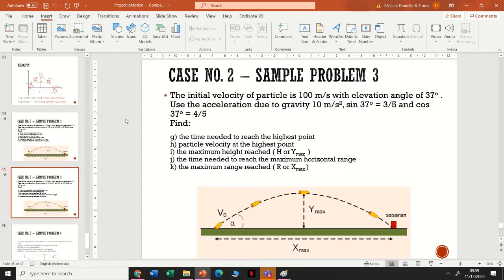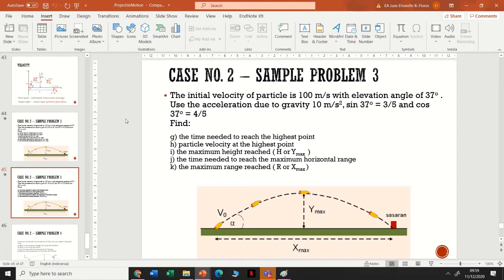G, wherein we are asked to solve for the time needed for this particle to reach the highest point. Again, our option is to solve it using the vertical or the horizontal dimension. For the horizontal dimension, diba, we only have one equation to use, and that is the simple formula of velocity equals delta x over time.